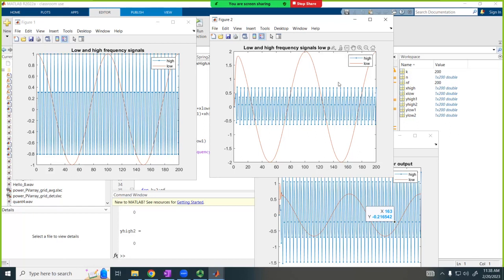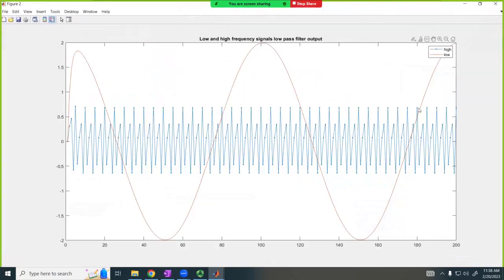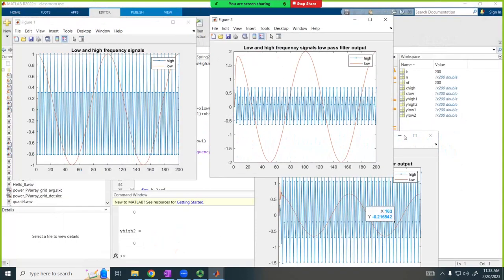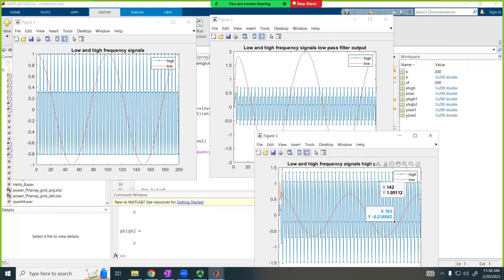If I look at this filter output, it's the other way around. The high frequency is amplified and the low frequency is attenuated. You see it?